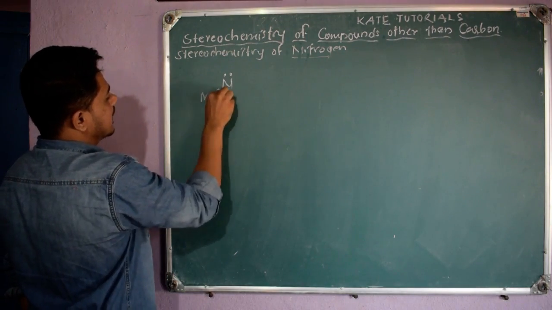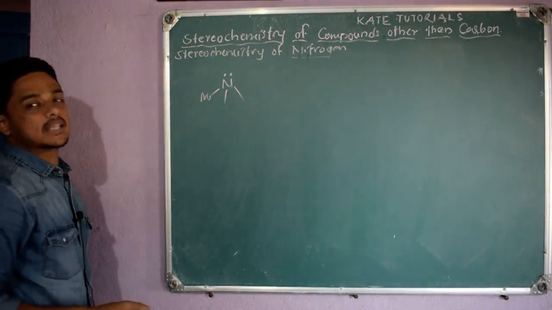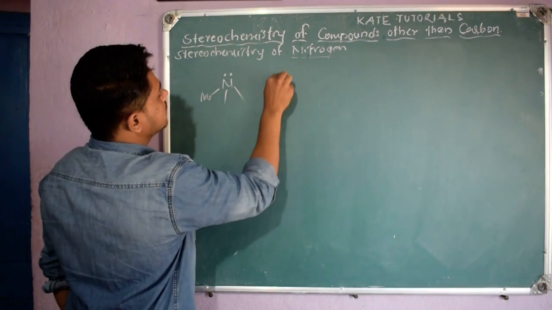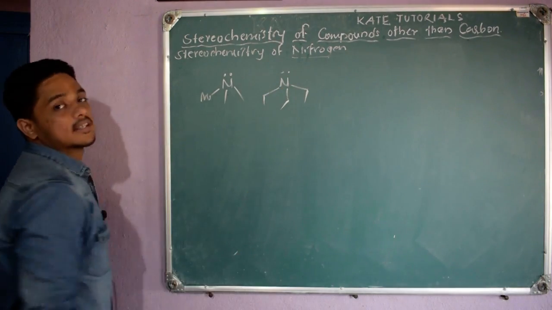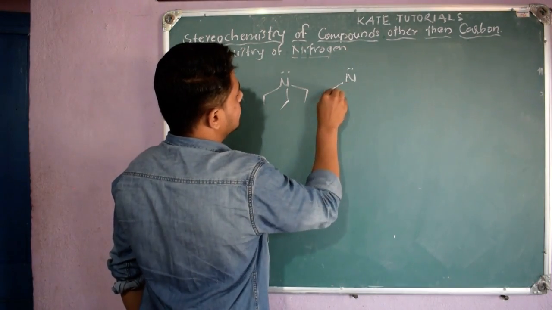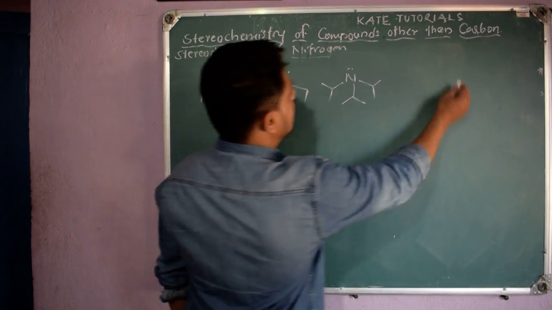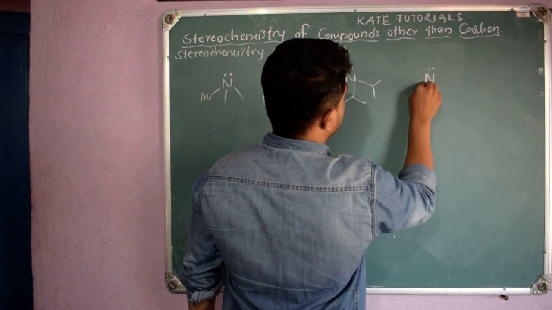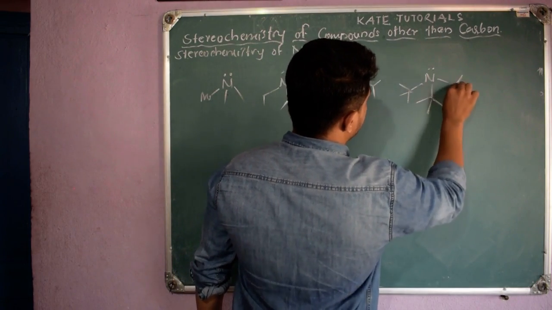Here they took methyl. If simple line, you should know that it is methyl. Further they took a compound like ethyl, CH2CH3, right? Ethyl. Further they took this compound, nitrogen with isopropyl, right? And lastly they took this compound, nitrogen with tertiary butyl, right?